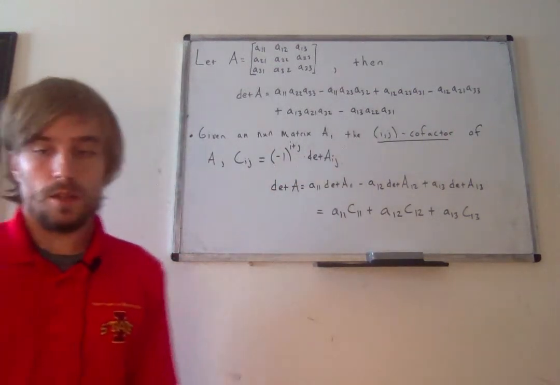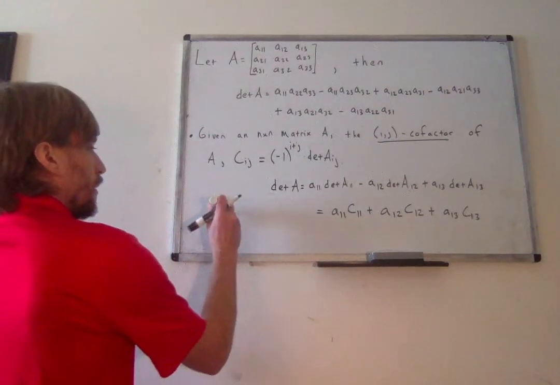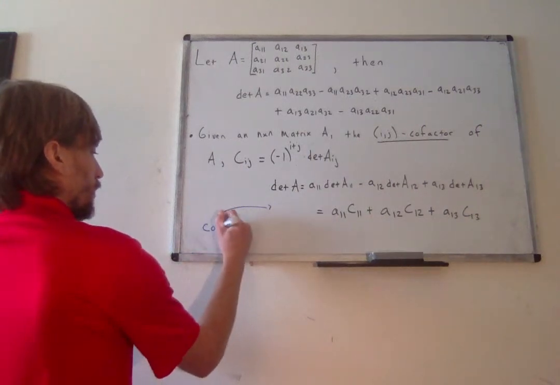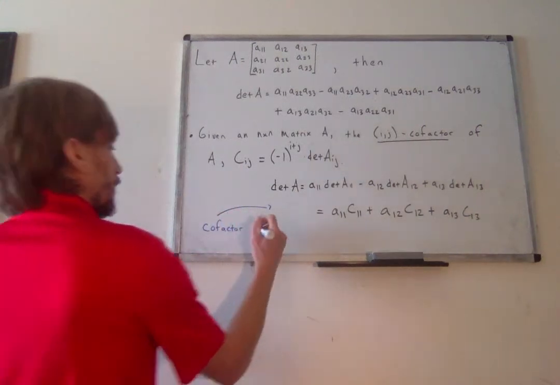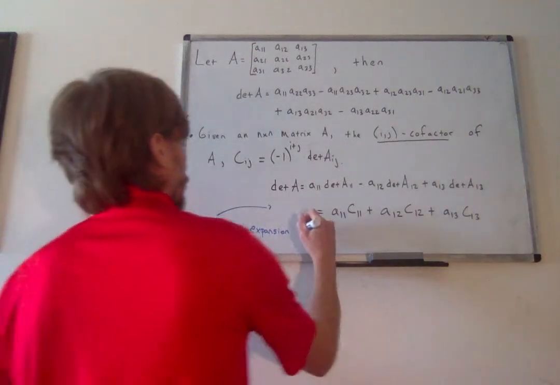So what we did here is called cofactor expansion along the first row.